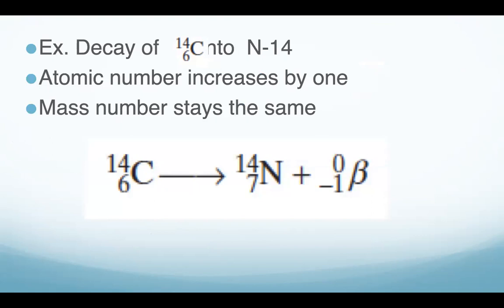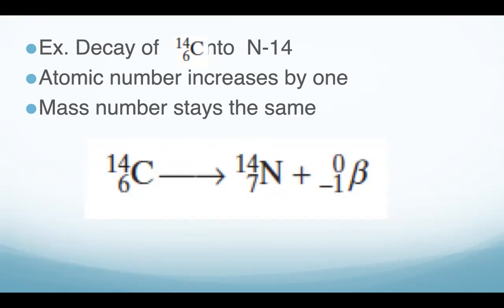The atomic number increases by 1, but the mass number stays the same. Because remember, it's a neutron that's releasing an electron so that it becomes a proton. And that's why your atomic number increases by 1, but mass number stays the same.